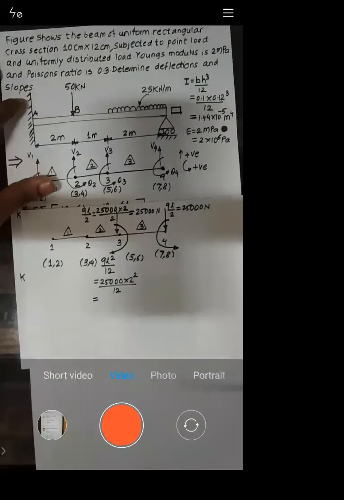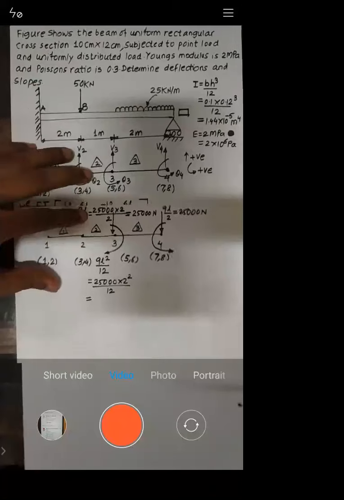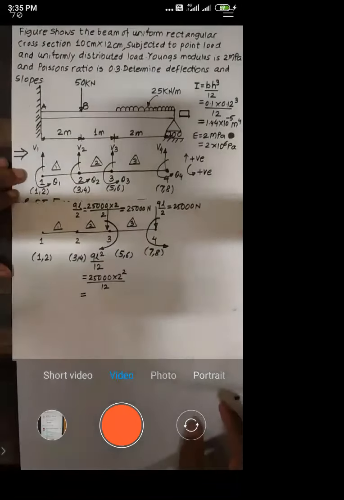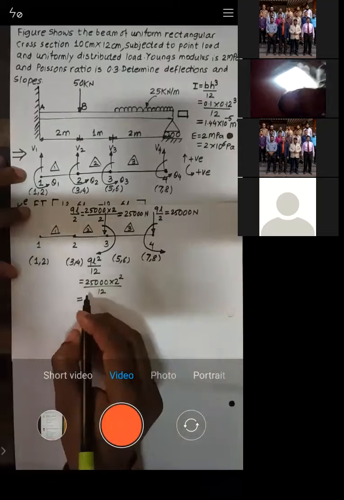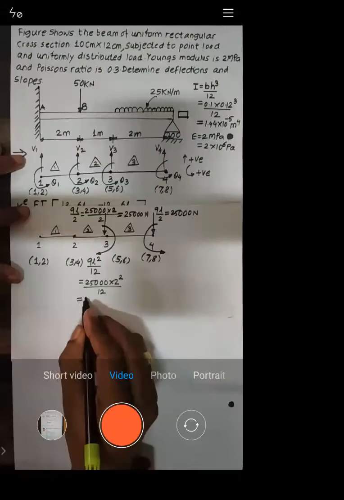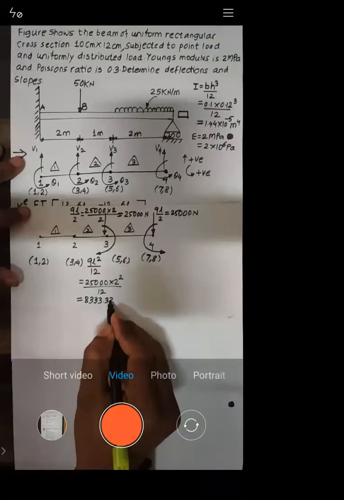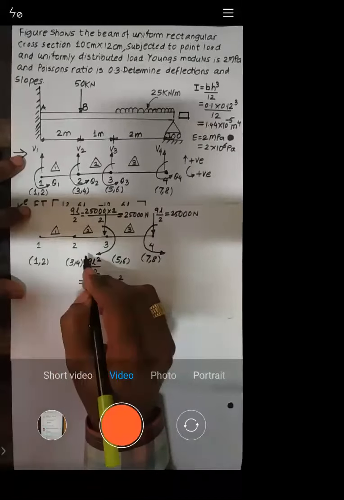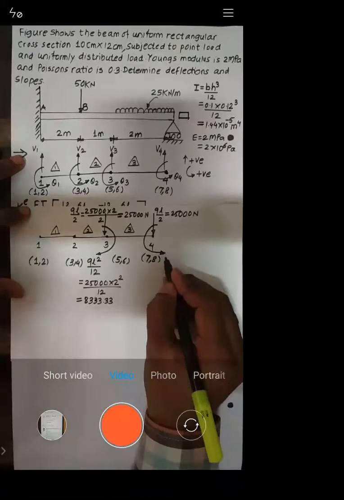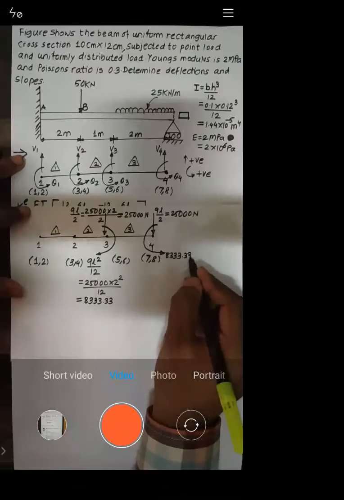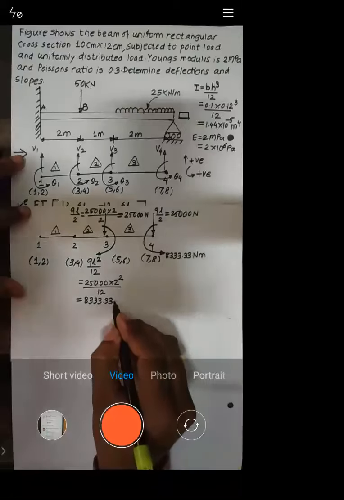So tell me how much you get. 8333.33. This is in clockwise action. So a similar moment you will have here, again 8333.33. Obviously this is in Newton meter, right? Moment will be in Newton meter.